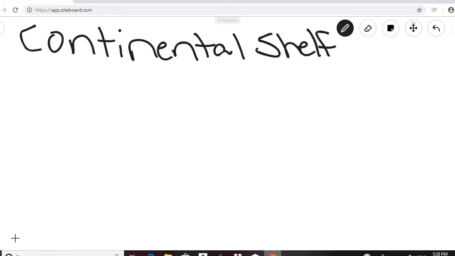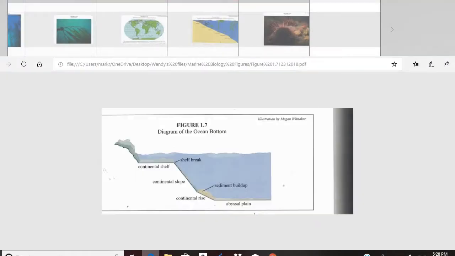Just so we're all on the same page, let's take a look at a figure of a continental shelf.